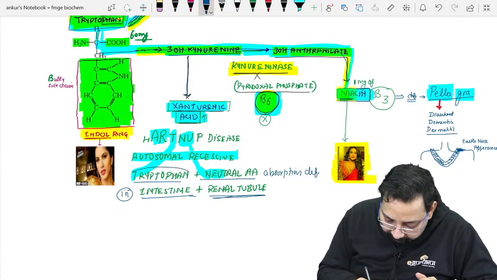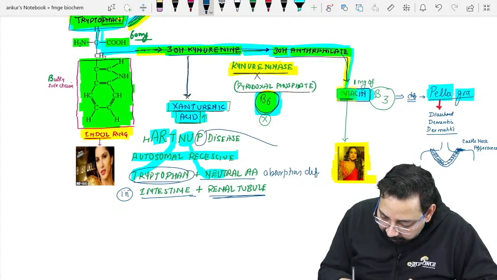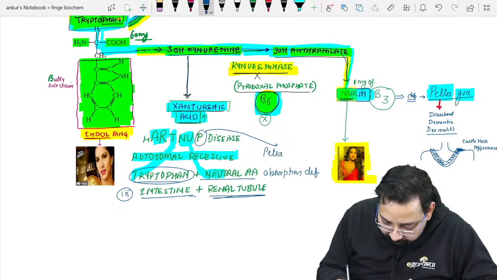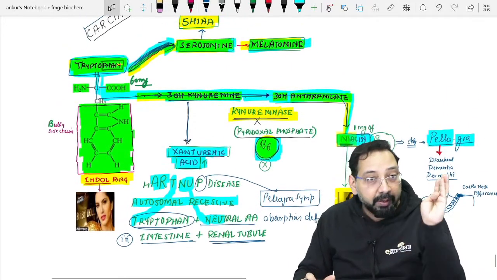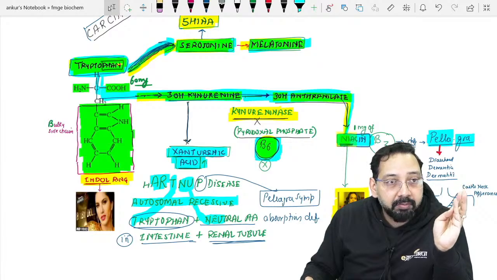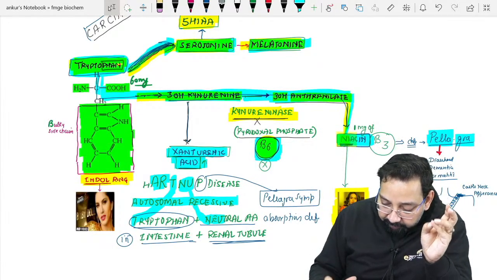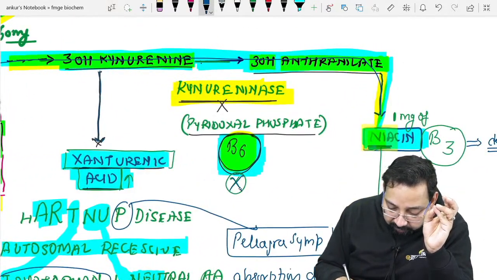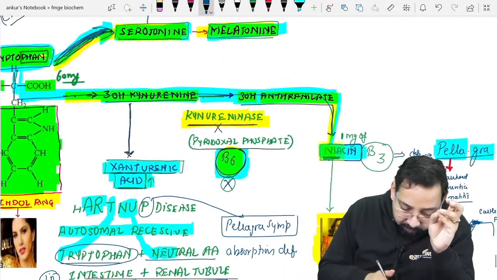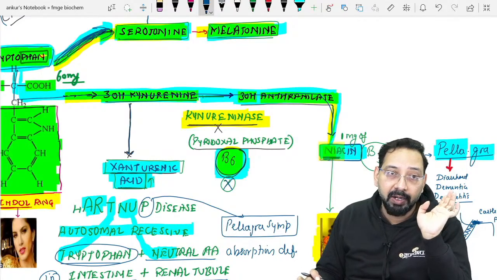So tryptophan deficiency again presents as pellagra-like symptoms. So Hartnup disease may have pellagra-like symptoms, carcinoid syndrome may have pellagra-like symptoms, B3 deficiency may have pellagra-like symptoms, and if B6 is deficient, then tryptophan is not converted to niacin, again pellagra-like symptoms.